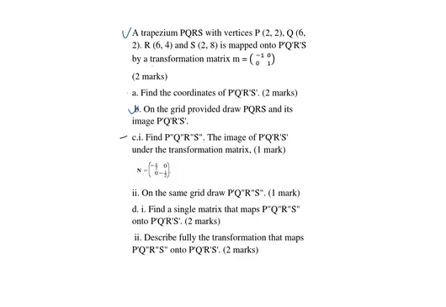So again, to get these coordinates, we have to use matrix multiplied by object to give us the image, and in this case our object will be P', Q', R', and S'.